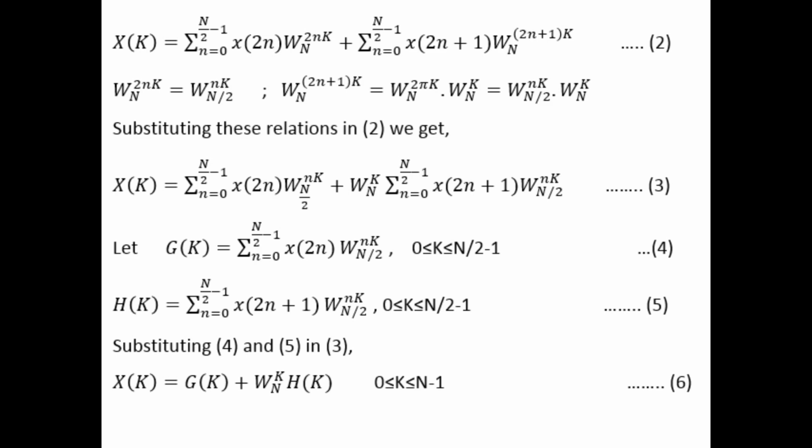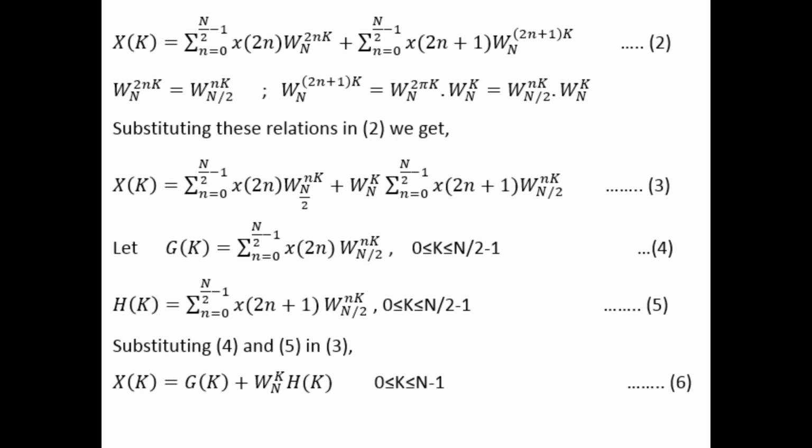Let g of k is equal to summation n is equal to 0 to N by 2 minus 1 x of 2n omega N by 2 of nk, where k varies between 0 to N by 2 minus 1. And h of k is equal to summation n is equal to 0 to N by 2 minus 1 x of 2n plus 1 omega N by 2 of nk, where k varies between 0 to N by 2 minus 1.